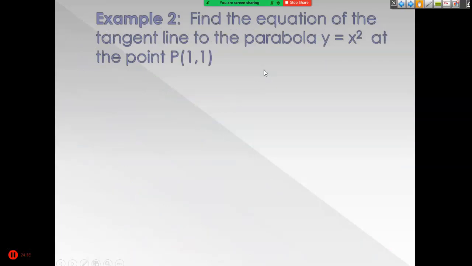In example 2, it says find the equation of the tangent line to the parabola y equals x squared at the point 1, 1. So we already did that. We found that in our warm-up. So we found that the tangent line was equal to y equals 2x minus 1.